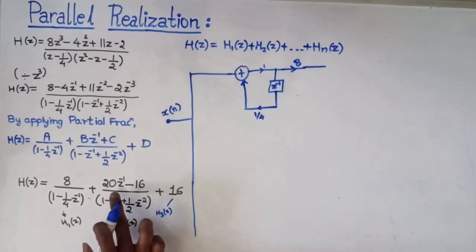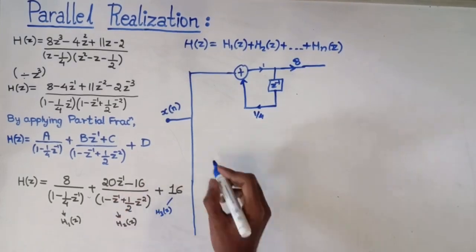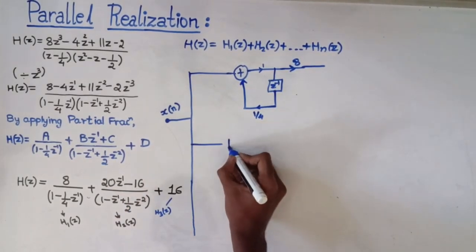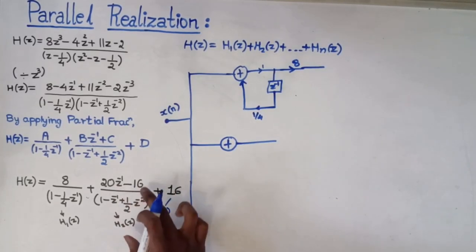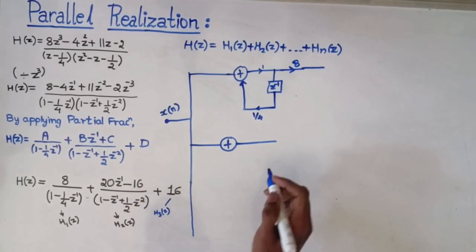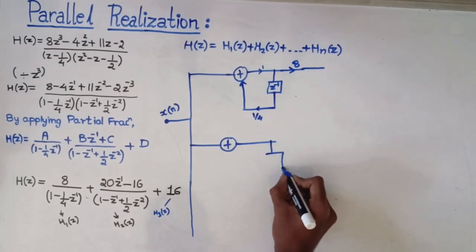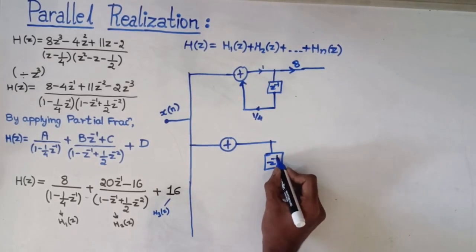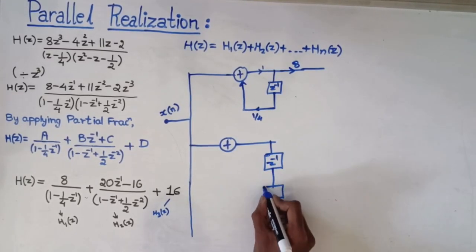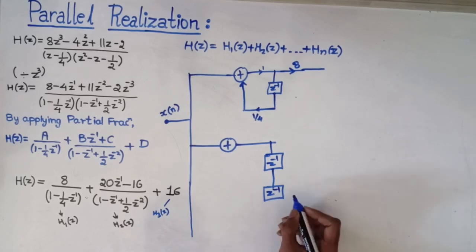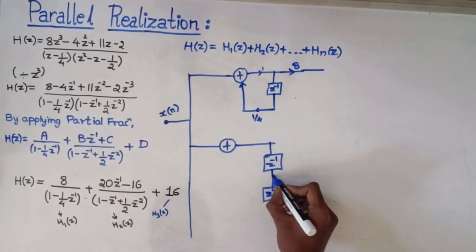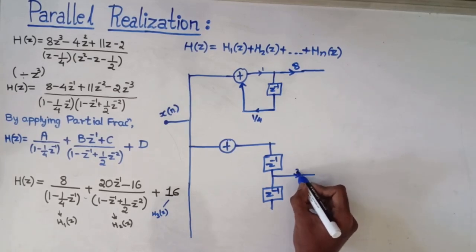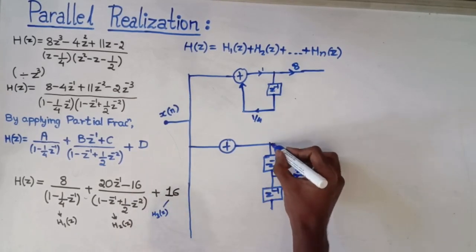In H2(z) we have (20 z^-1 - 16). In DF2 form, the maximum delay unit in H2(z) is z^-2, hence 2 delay units are taken. In the numerator we have 20 z^-1, this will be 20 z^-1 - 16.